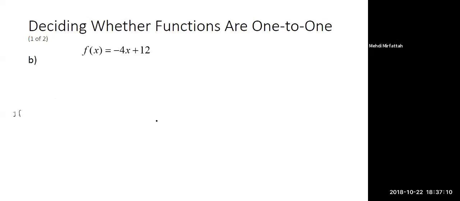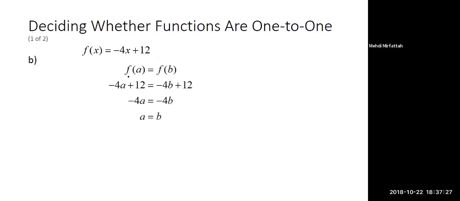For the second one, f of x equal to minus 4x plus 12. Now I know this is a one-to-one function because this is a straight line, and all straight lines are one-to-one functions because they pass the horizontal test. We're going to talk about that in a minute.